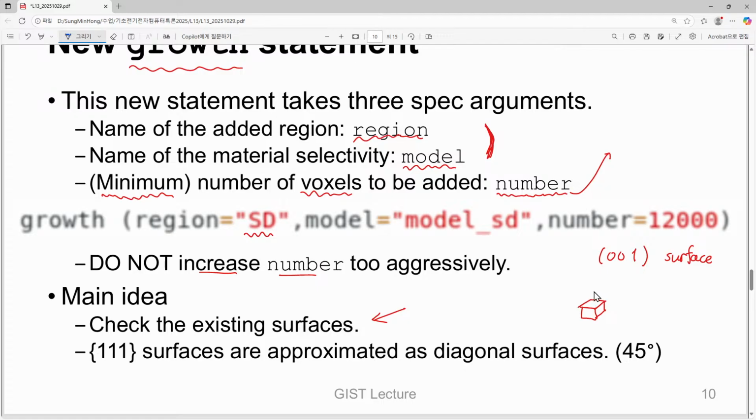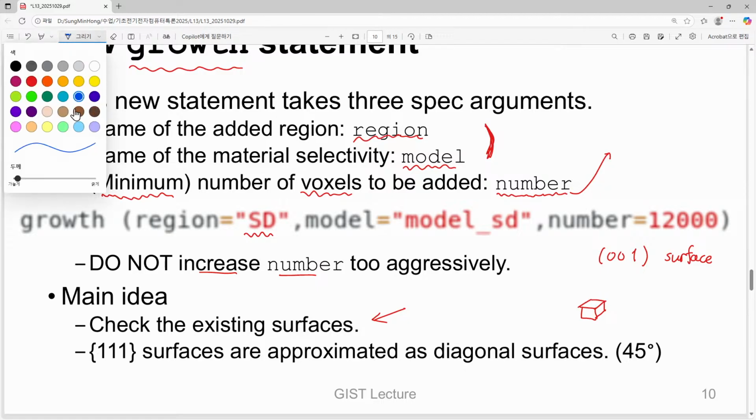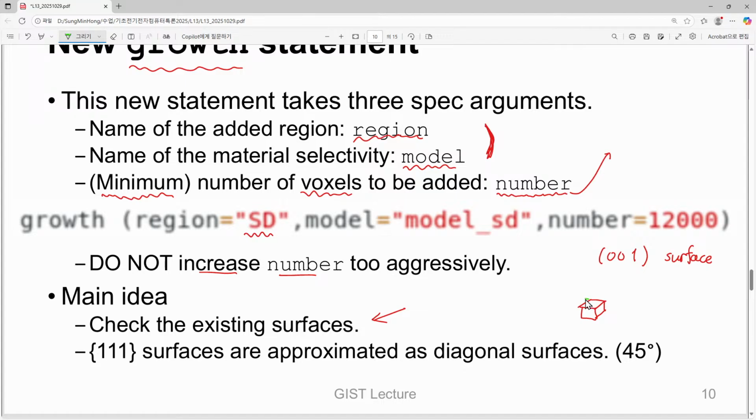isotropic deposition. But now, in this case, this growth just considers this condition. Okay, is there anyone surrounding this target voxel? First, it tries to detect whether these four surrounding positions are occupied by valid material.